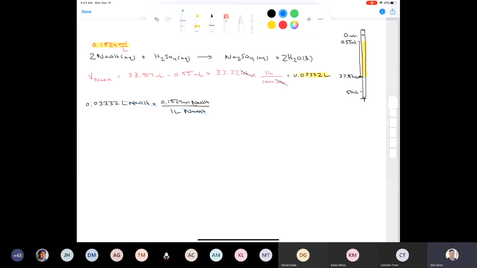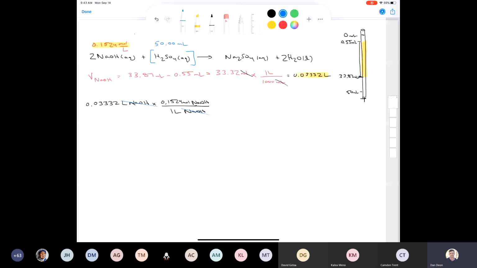But in order to figure out what the concentration of sulfuric acid is, we need to know the number of moles. We already have the volume of our sulfuric acid. They've already told us that we have 50.00 milliliters. So how can somebody guide me and tell me where I would go to get my next conversion factor to figure out the number of moles of H2SO4, of sulfuric acid?